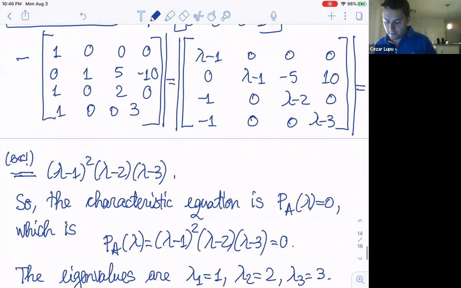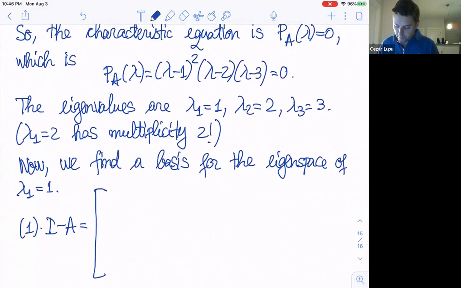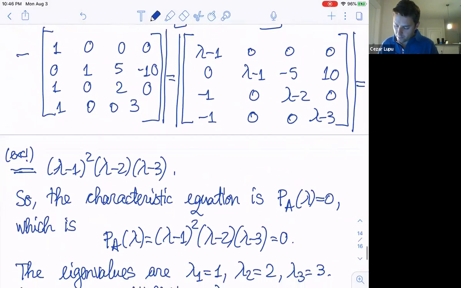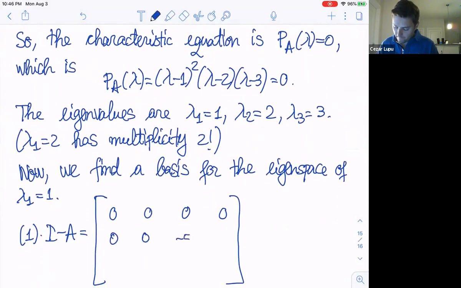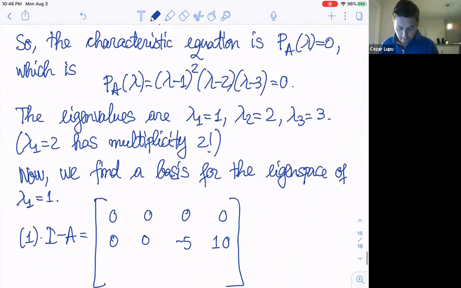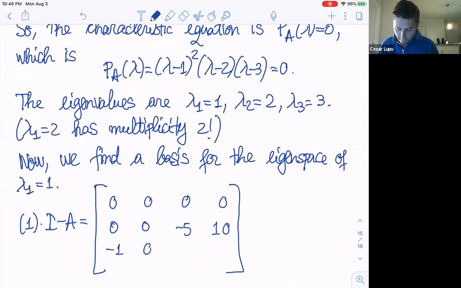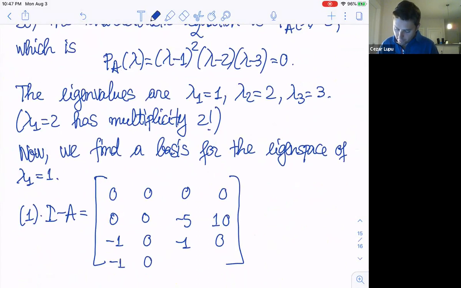So this will give us 0, 0, 0, 0; 0, 0, negative 5, 10; and then we'll have negative 1, 0, negative 1, 0. And the last one will be negative 1, 0, 0, negative 2. Okay. So this is my matrix.